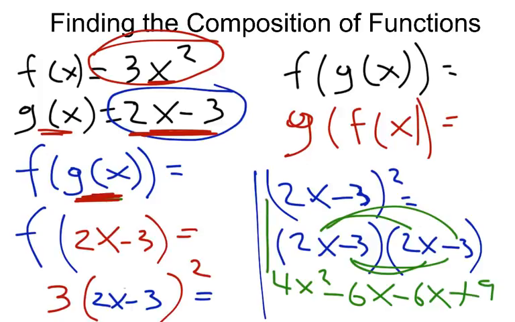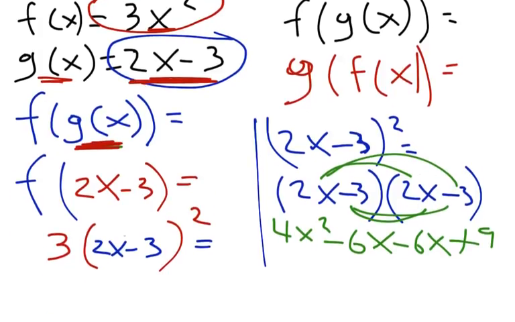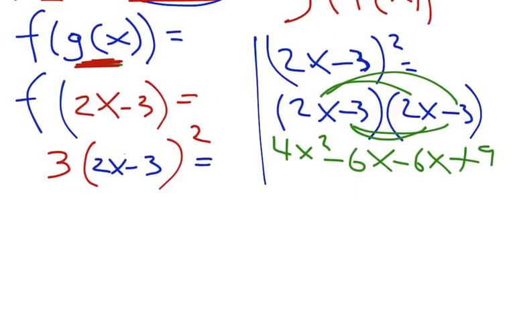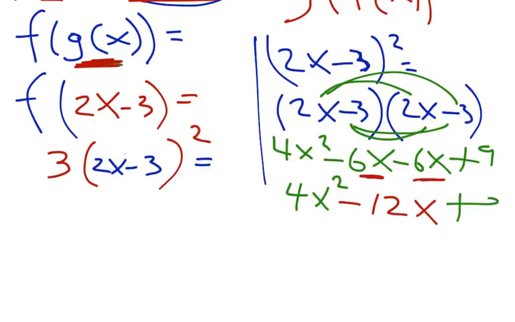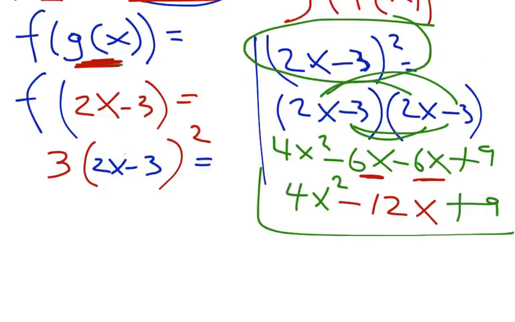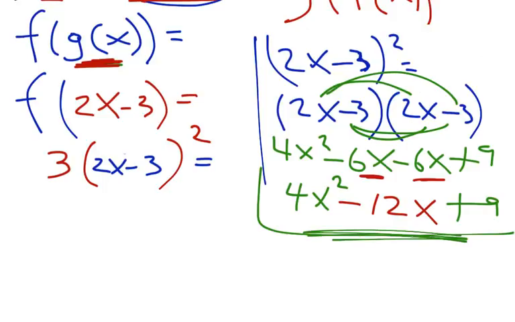Combining like terms, that gives you 4x squared minus 12x plus 9. So the 2x minus 3 to the second power gives you this, and I'm going to replace it right in there.